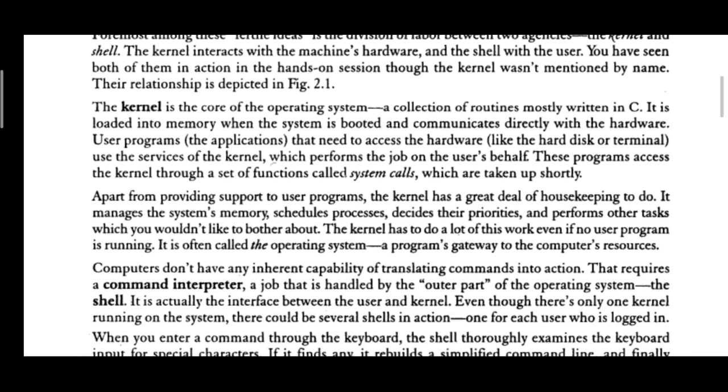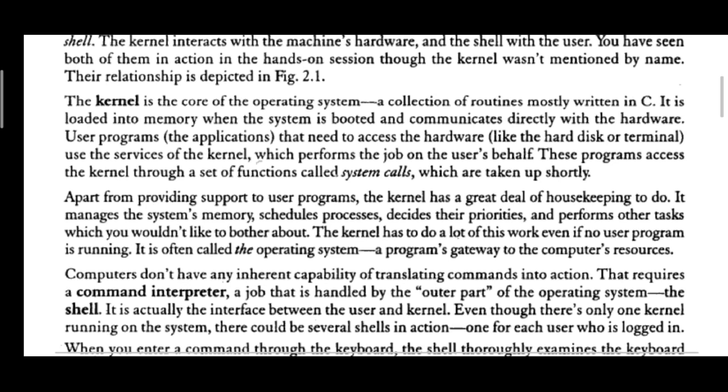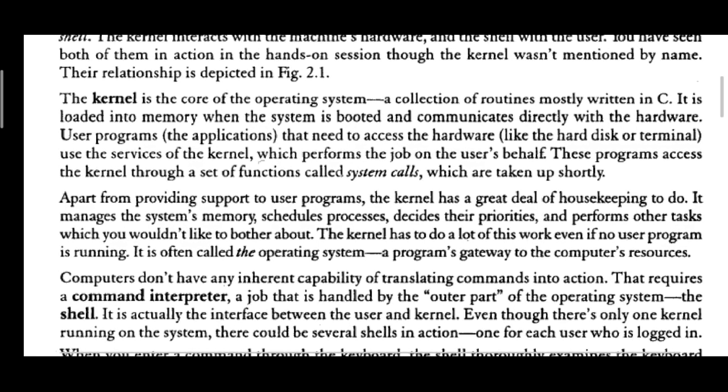So the kernel is called the core of the operating system, a collection of routines mostly written in C language. With respect to the Unix operating system, the kernel is again a set of programs mostly written in C language. It is loaded into memory when the system is booted and communicates directly with the hardware.